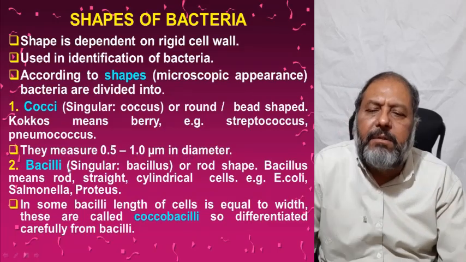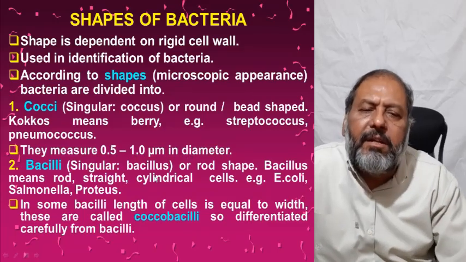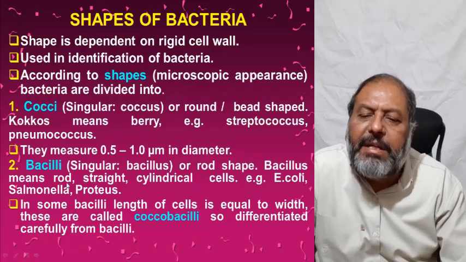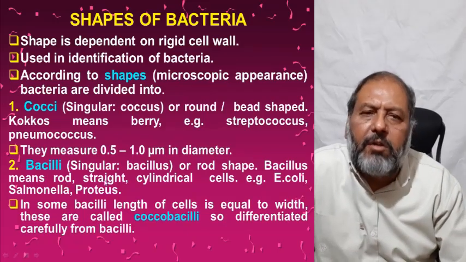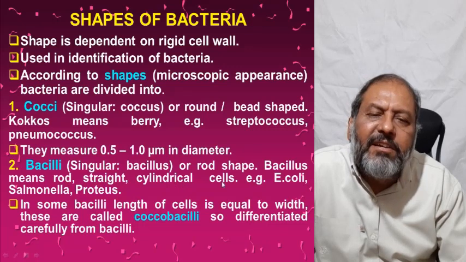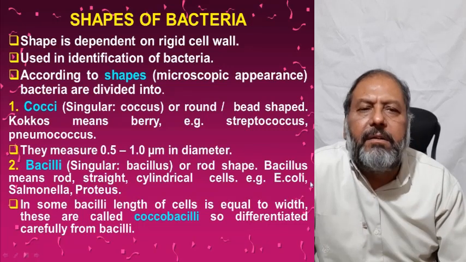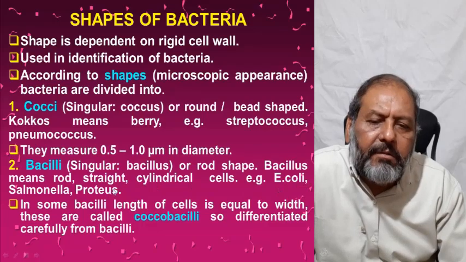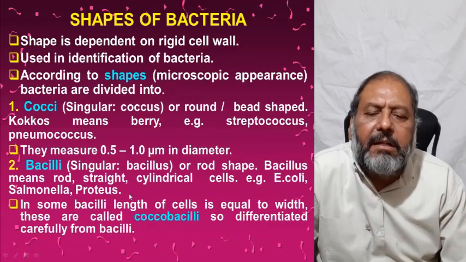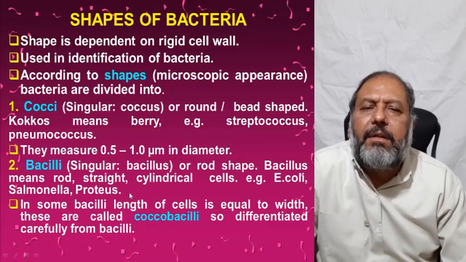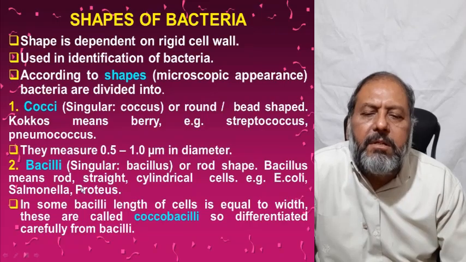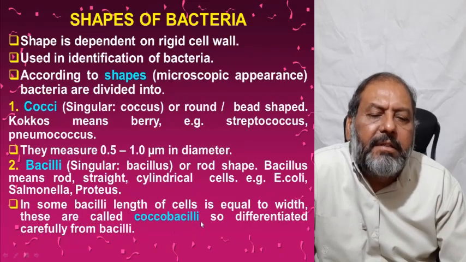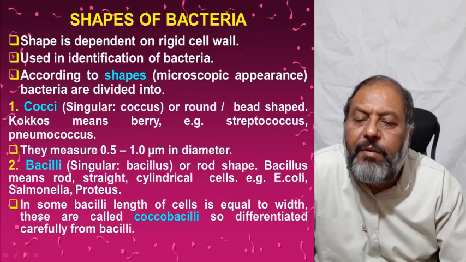The other shape is the bacilli. Singular is bacillus. These are rod shaped. Bacillus means rod, so these are straight cylindrical cells. These are E. coli, Salmonella and Proteus. Mostly the gram-negative bacteria are of this rod shape. In some bacilli, the length of the cells is equal to the width.